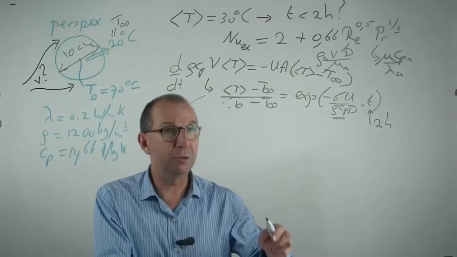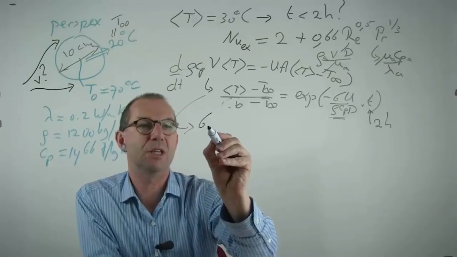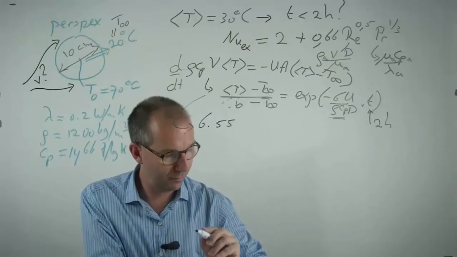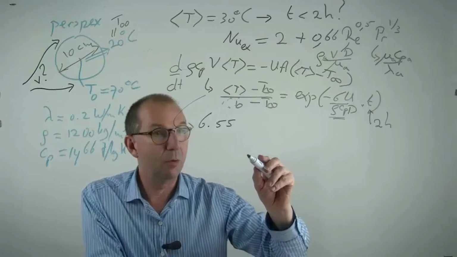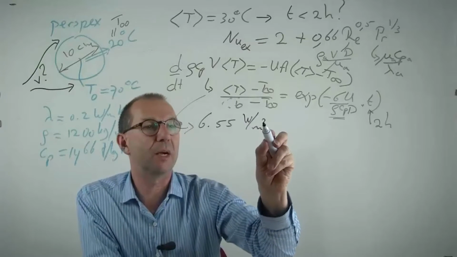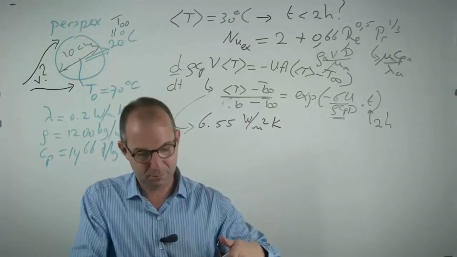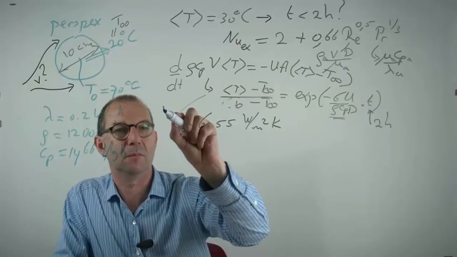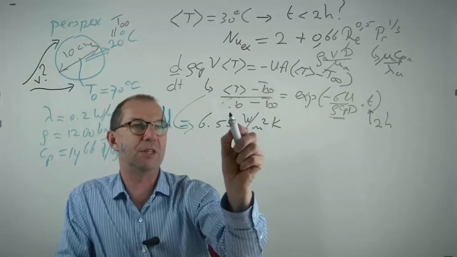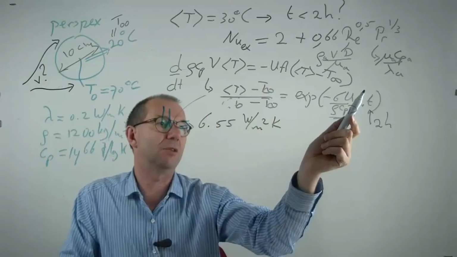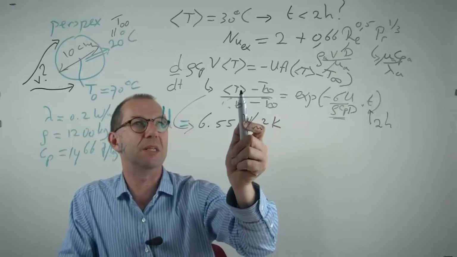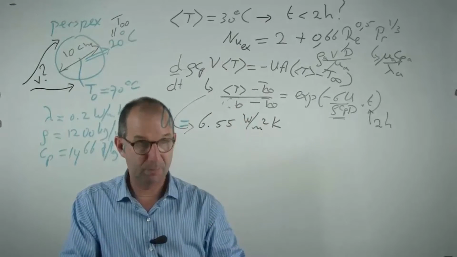I can compute U, and it must be 6.5 watt per meter squared Kelvin. If U has this value, then this relation tells you that after 2 hours, the mean temperature is 30 degrees.